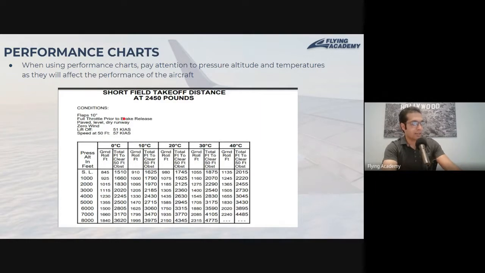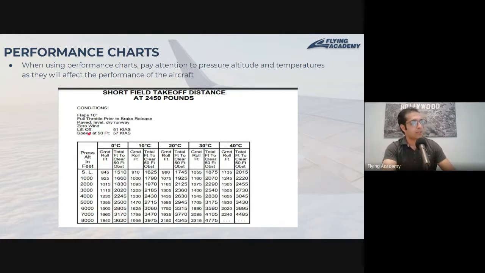In this case, you should advance the throttle, then check the gauges. Everything looks good. Then release the brakes. So this is the procedure here, and these numbers are based on a paved, level, dry runway, basically perfect condition. Anything other than that, on the bottom, which is not included here, you would have to either take away or add 15% if anything changes here. It will give you some instruction. I'm sure we're familiar with that.